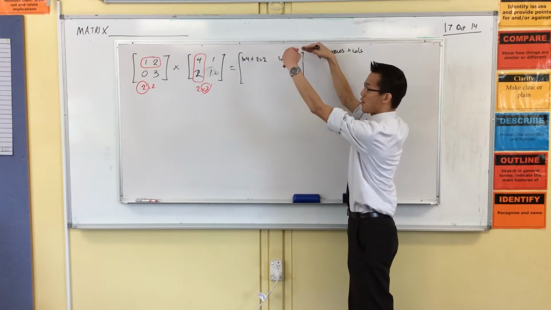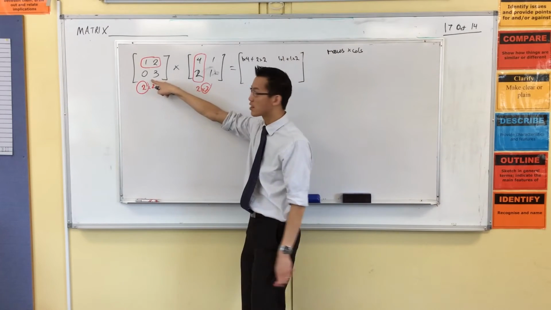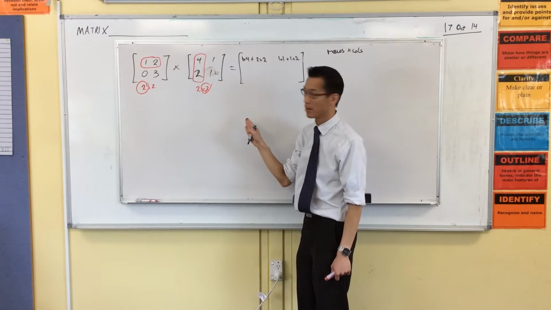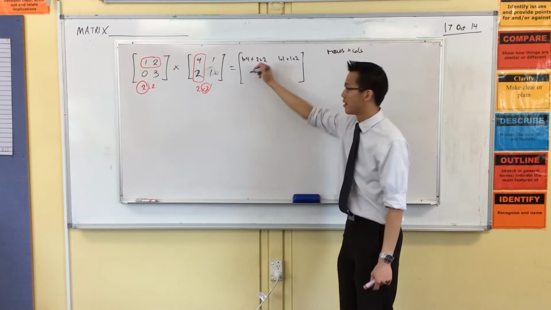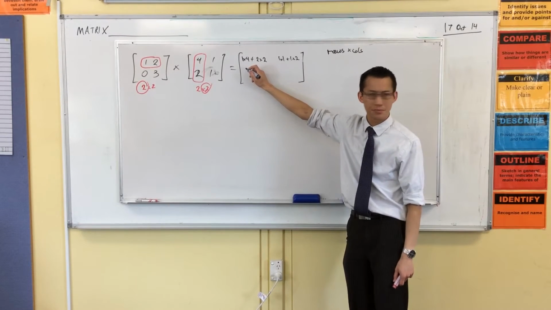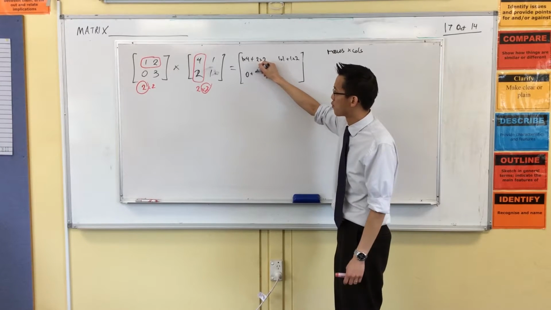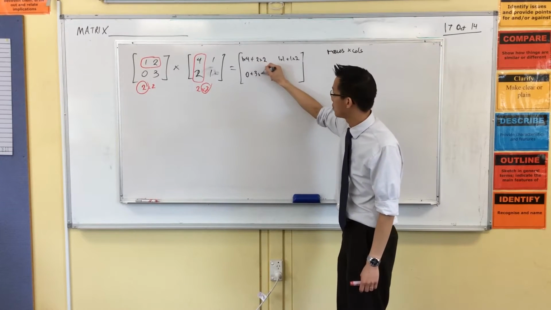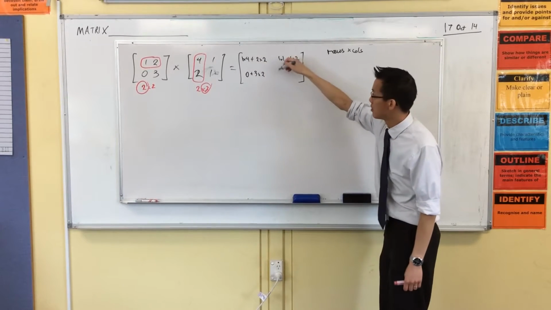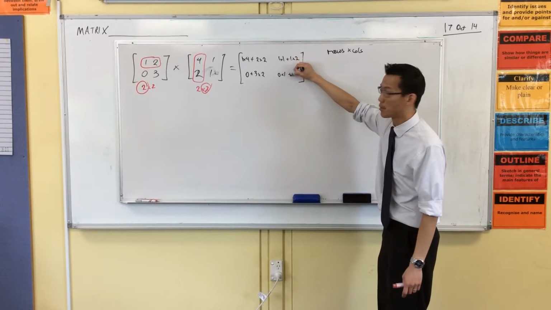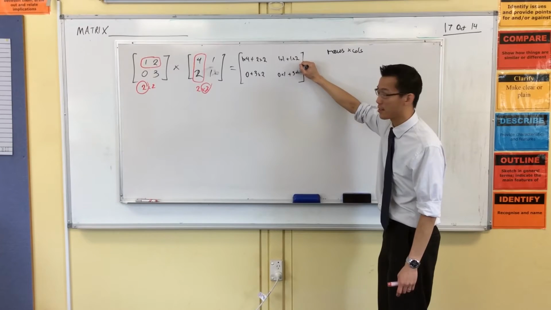So I've done this row, now I move down, which means this is going to move down. I'll have my 0 and my 3, and I'm going to do the columns again. Okay. So, help me out, what do I write? It'll be 0 times 4, plus 3 times 2, good. And then again, 0 times 1, which is 0, plus 3 times 1.